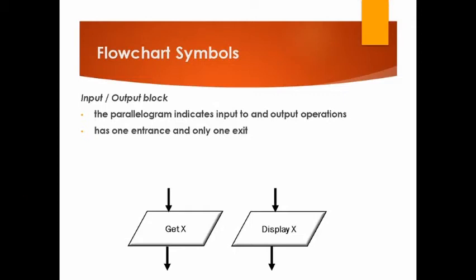So if your flowchart has an output, of course, it is good. So, input and output block. The parallelogram indicates input and output operations. It has one entrance and one exit.